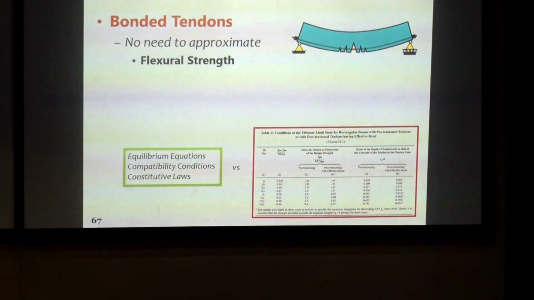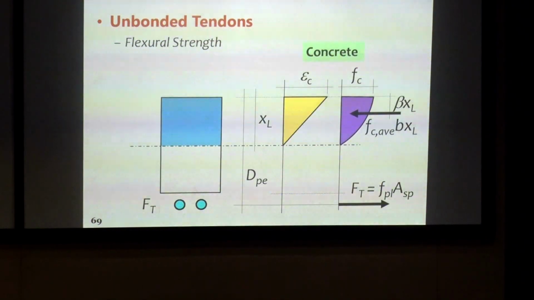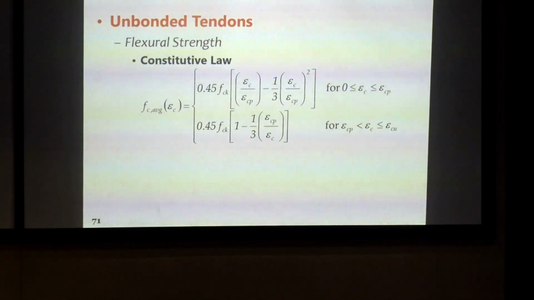But not just that, both for bonded and unbonded case, now there will be no approximate table-based strength calculation required. The pure mechanics-based approach using equilibrium, compatibility and constitutive law, that whole process is now going to be given, so that we follow a consistent method of calculation, which also can be programmed in any spreadsheet or computer program, and all these expressions will be provided.